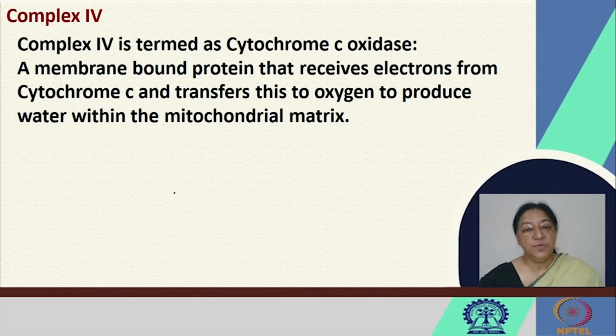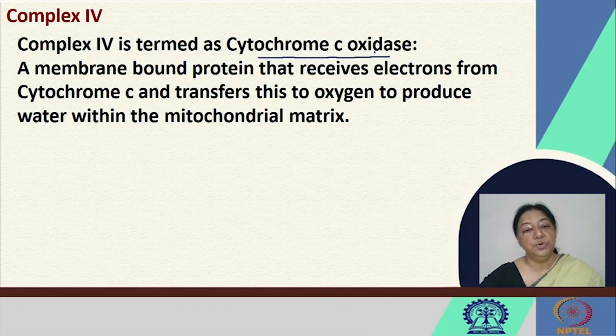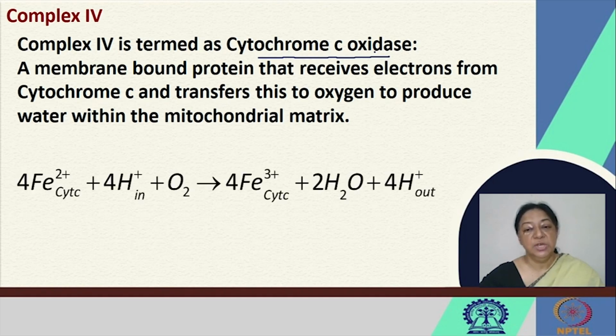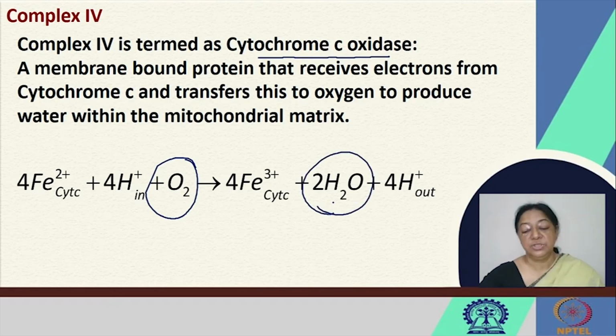In complex 4, which is cytochrome C oxidase, we have again a membrane bound protein that receives electrons from cytochrome C and transfers them to oxygen to produce water within the mitochondrial matrix. So this is what we observe here, where we have water formed from the oxygen.